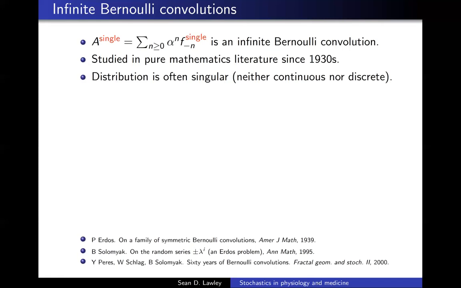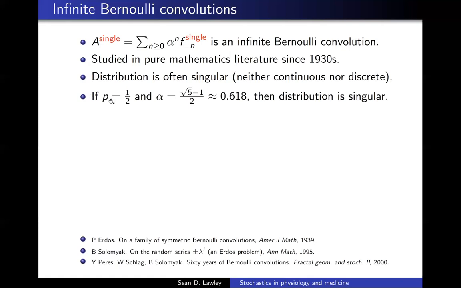And I'll just give you a quick sense of that on this slide. So the reason it's interesting is that the distribution is often singular. So the distribution of this random variable is neither continuous nor discrete in many situations. Let me give you a flavor for some of the types of things that have been proven about this. So if P is a half, so that is you miss each dose with probability half, and alpha is this particular somewhat strange value here.